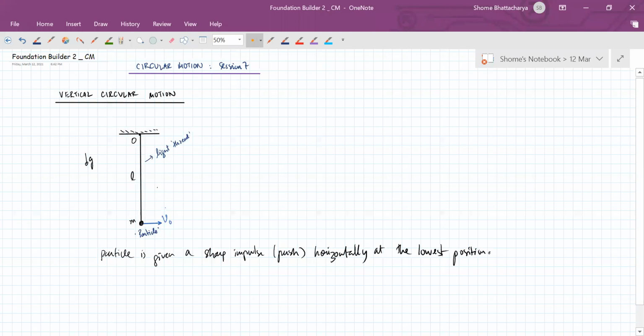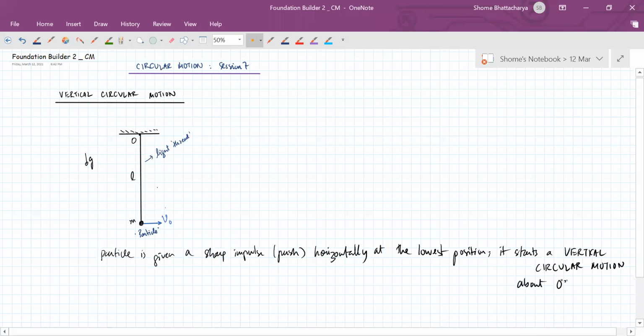From that point, what happens is it starts a vertical circular motion with respect to the point O as the center, about O, which is the point of suspension.